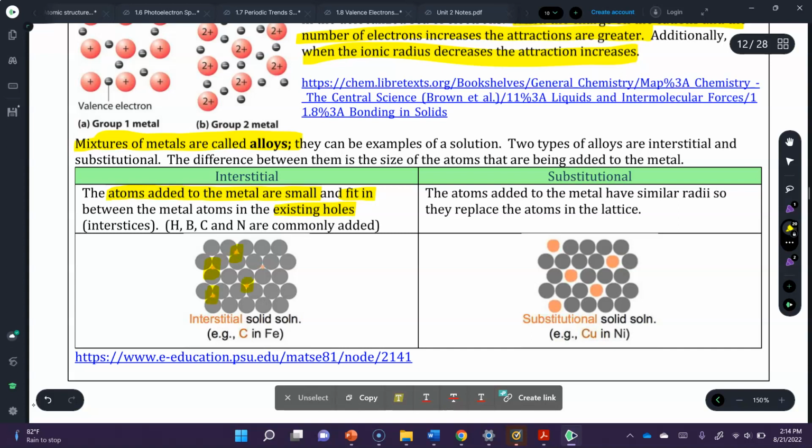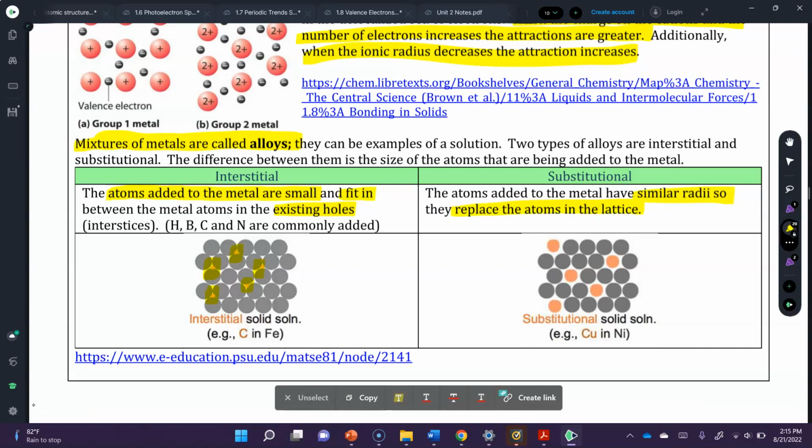So this is interstitial. Like carbon in stainless steel, where we have carbon embedded as an interstitial alloy in iron, sitting in the little holes between all the iron atoms. That is an interstitial alloy. On the other hand, we have atoms with similar radii, so they're replacing atoms in the lattice.